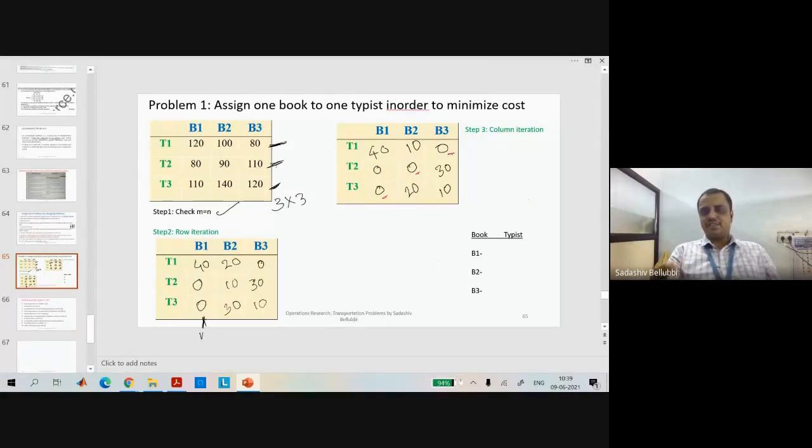Here we can see that T1 is having only 1 0. Even though T3 is also having only 1 0, if you assign to T3, then there is a chance of cancelling the T2 0 also. That's why better we go for the T1 0.